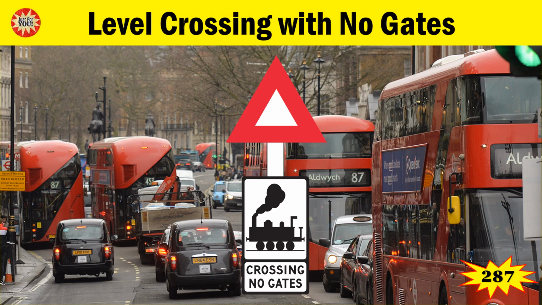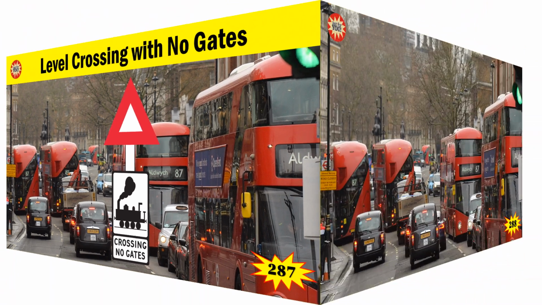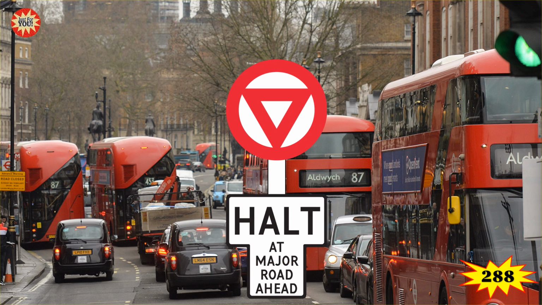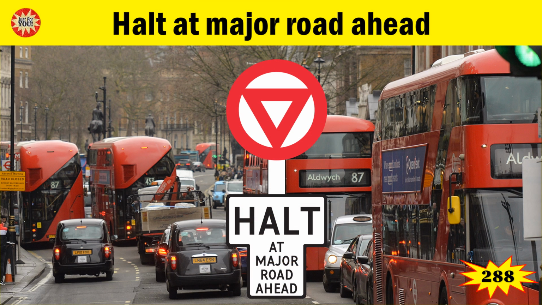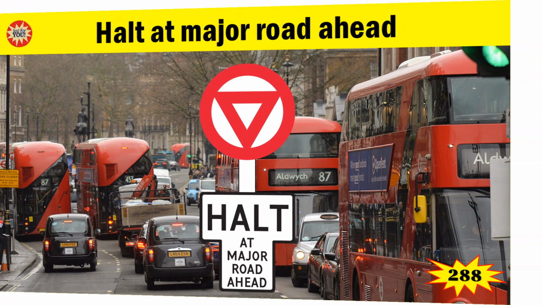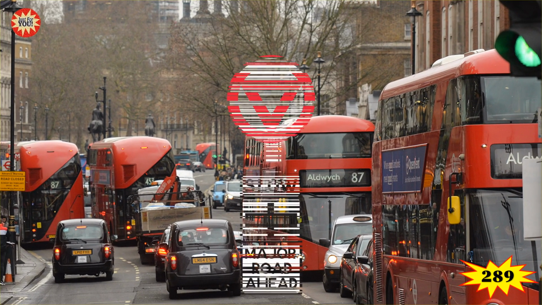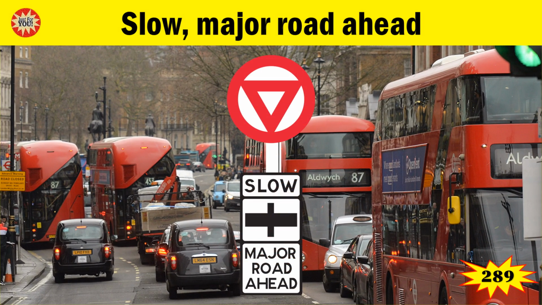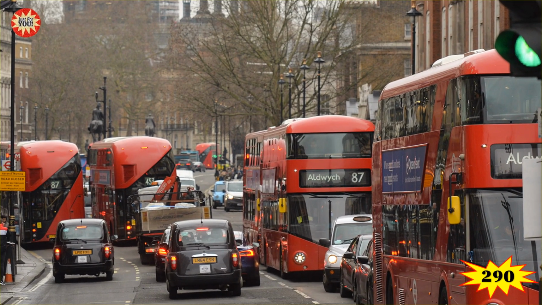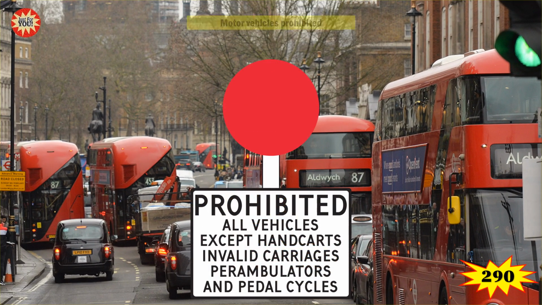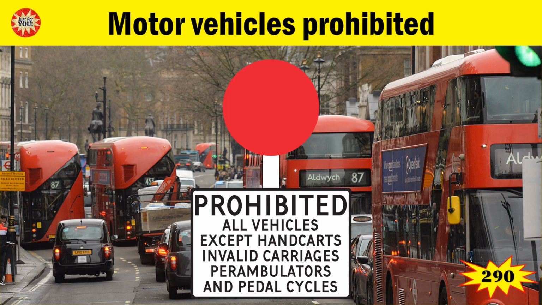Level crossing with no gates. Halt at major road ahead. Slow, major road ahead. Motor vehicles prohibited.